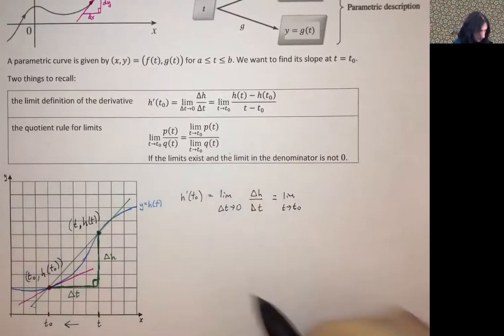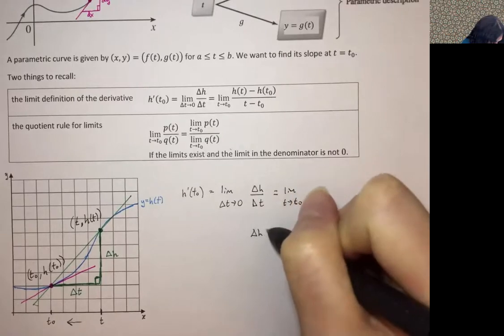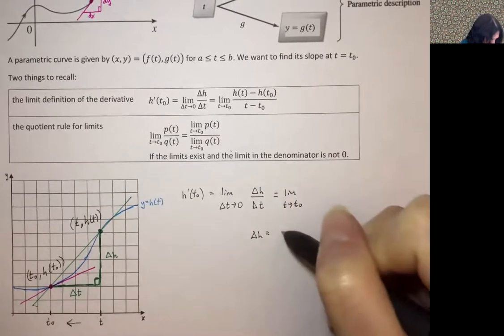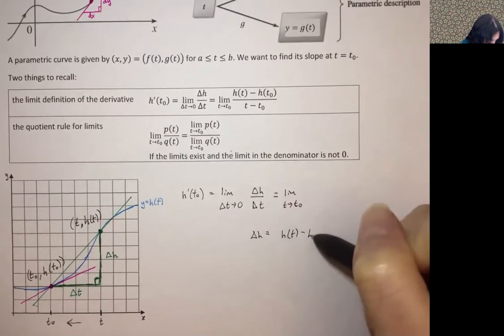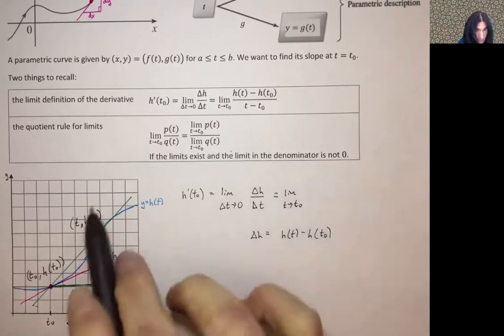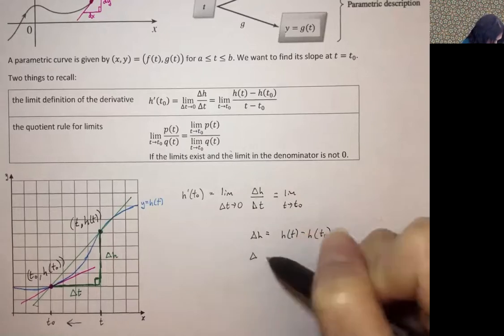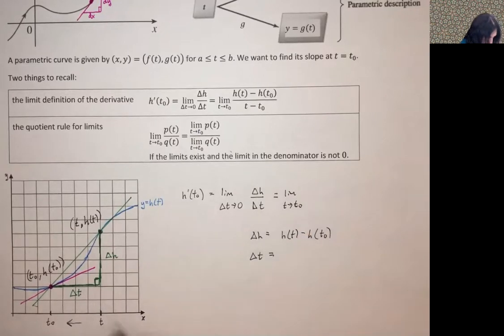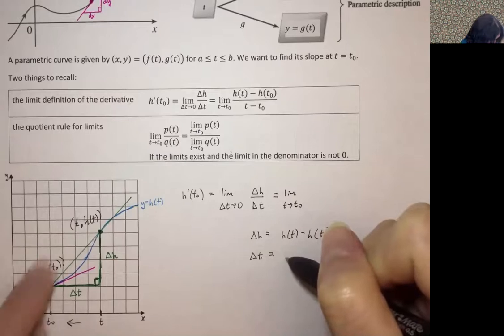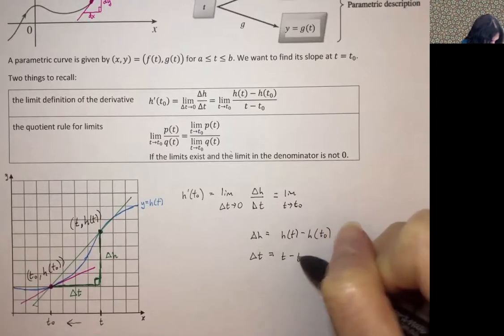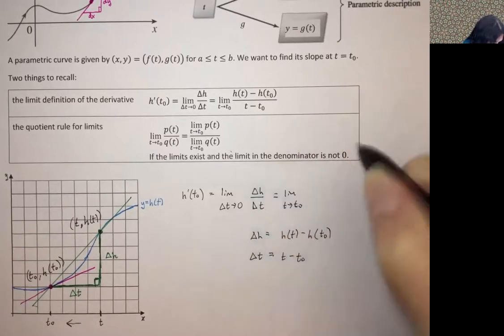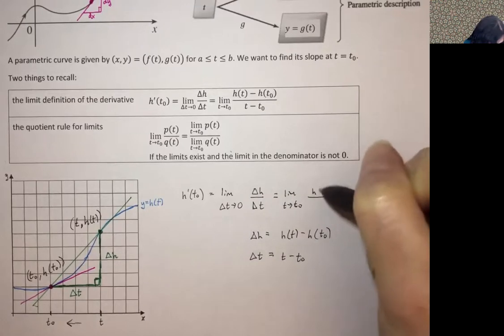Now, that means that delta h will be the difference in y values, so it'll be h of t minus h of t naught, the difference in y value from here down to here, and the change in the input values, t, will be t minus t naught. And of course, that leads to the substitution right here that gives us our formula.